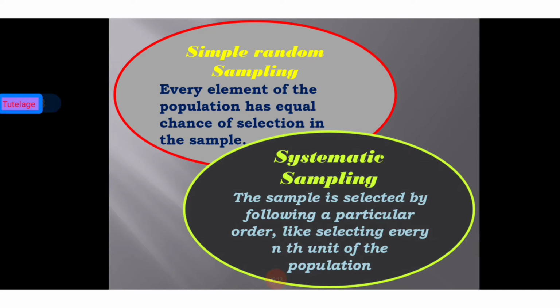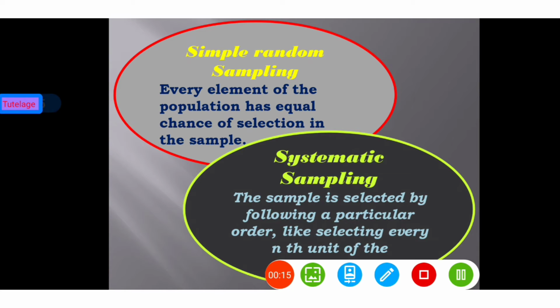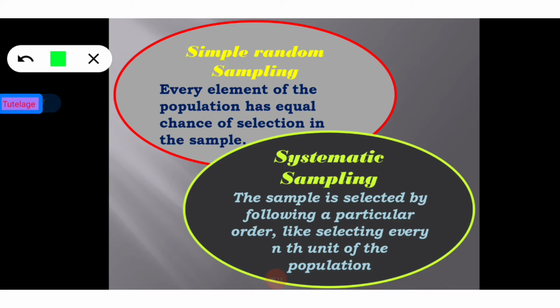Here we can see simple random sampling. So at first we have to know what we mean by simple random sampling and systematic sampling. Simple random sampling is basically a type of probability sampling.